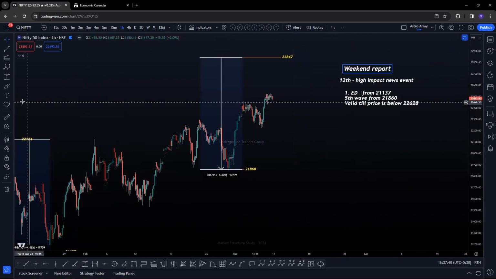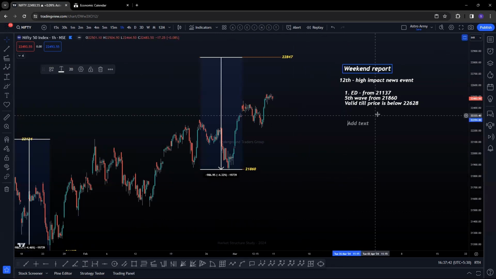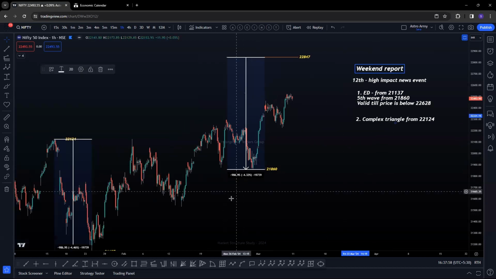So what is the second option we have as setup? We have a complex triangle from 22,124. Okay. Complex triangle from 22,124.